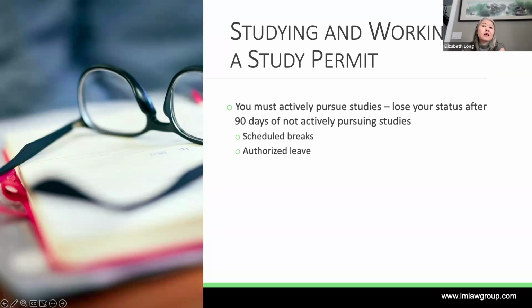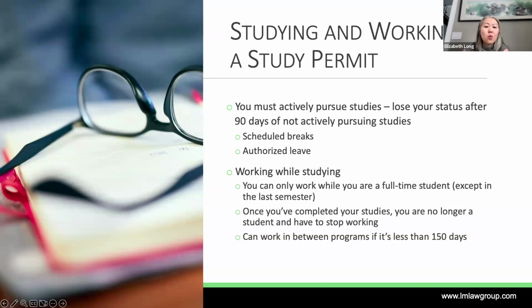But be aware that if you do take your authorized leave, you are not then able to work while you're studying, because in order to work while you're studying, you have to be registered as a full-time student, except in the last semester. In the last semester, you could be a part-time student and you could still be able to work. Now, very importantly, once you've completed your studies, you're no longer considered a student and you have to stop working right there and then.